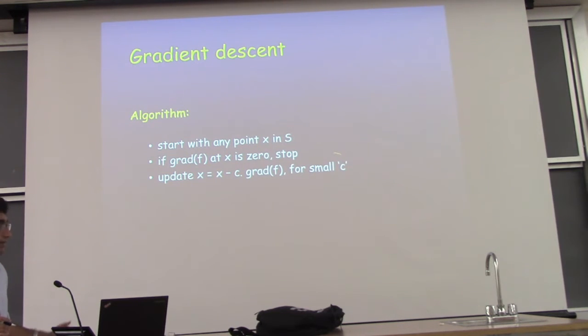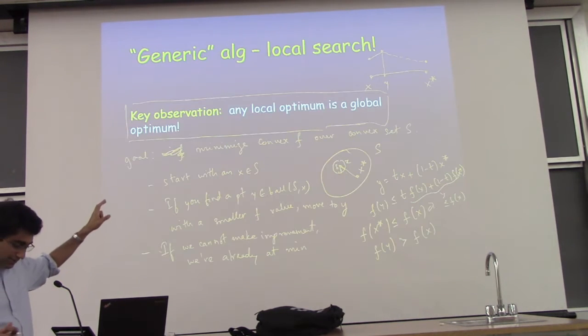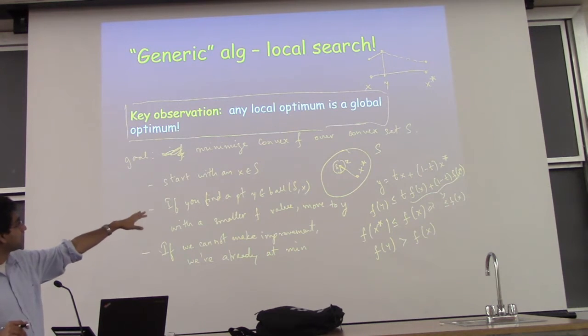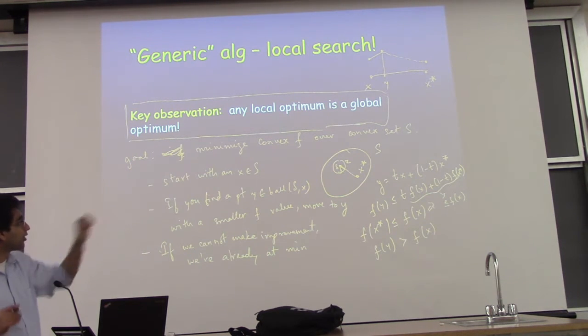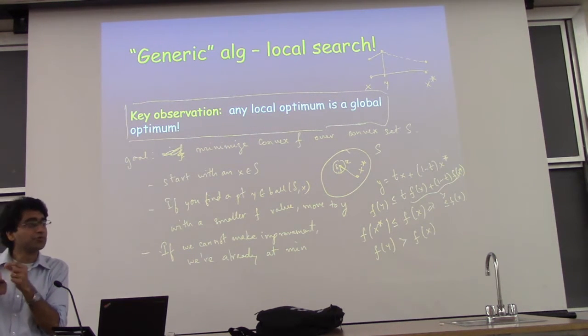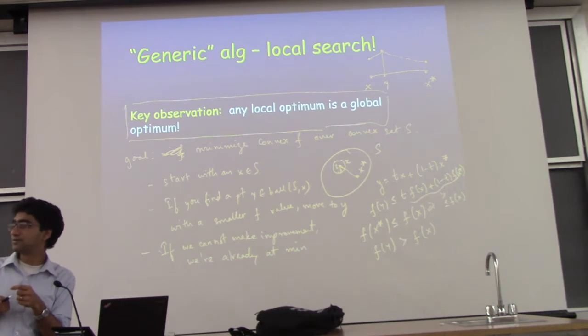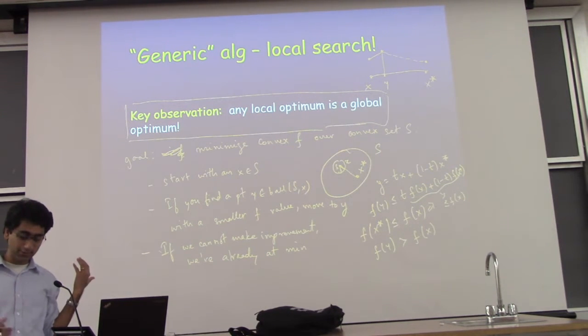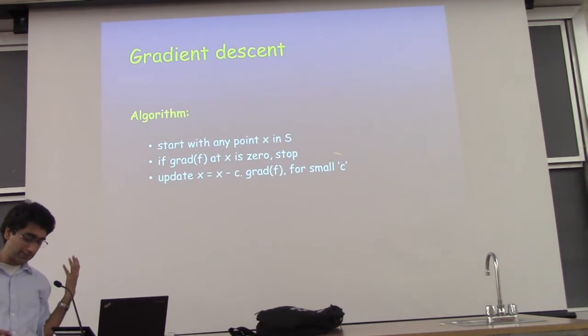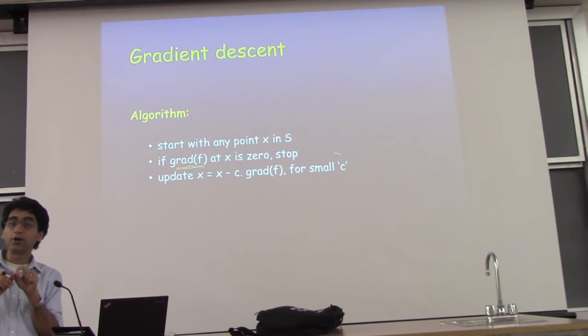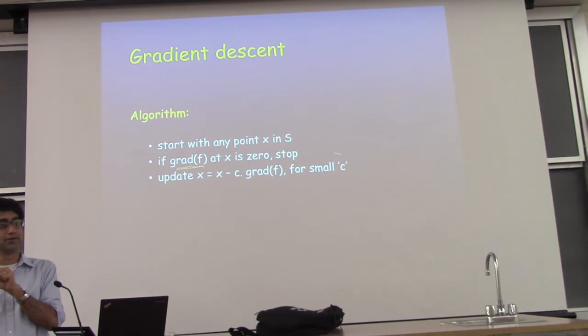Okay. And so what I glossed over here is I said to find a point y in the ball around this point which improves the function value, right? So how do you go about finding that? For continuous functions, there is this quantity called a gradient, and if you move in the opposite direction of the gradient, you will always reduce your function.